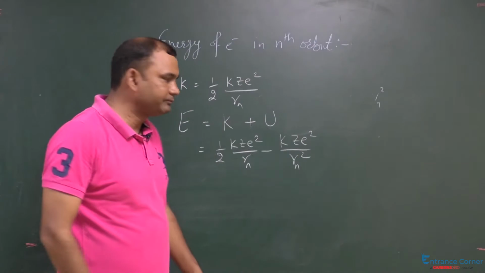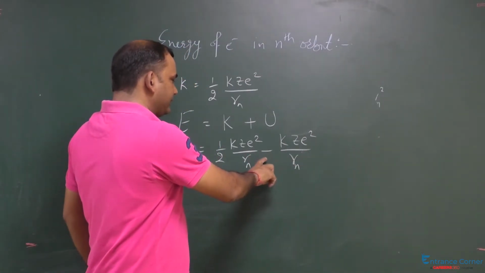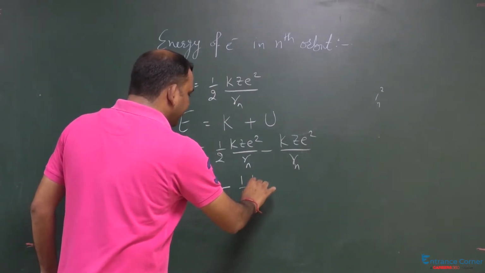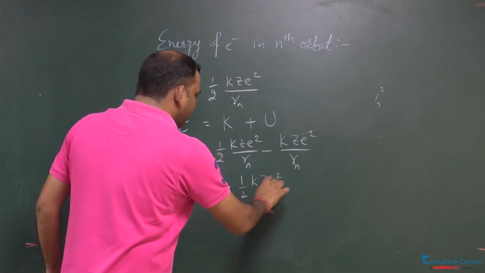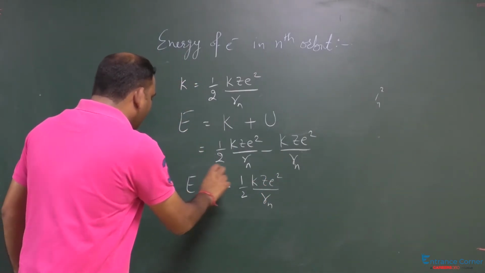So, the total energy is minus 1 by 2 K ZE square upon Rn.